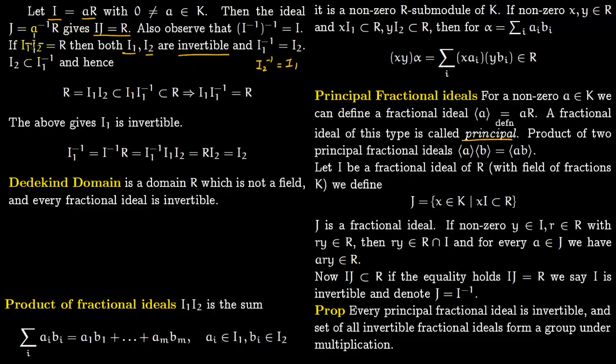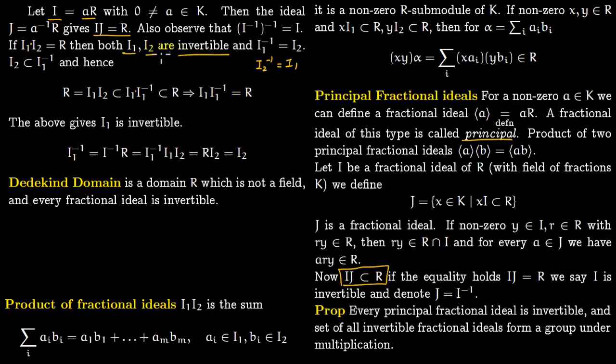First, I1 times I2 equal to R would imply that I2 lies within I1 inverse, because I1 inverse would contain all such elements which, if you multiply them with I1, will lie within R. So R is equal to I1 I2, and I1 I2 I1 inverse would lie within R from this relationship.